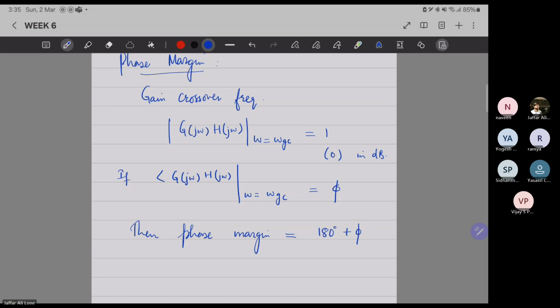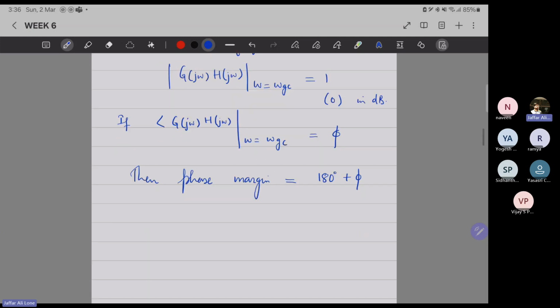So if the magnitude of my transfer function at phase crossover frequency is x, then gain margin is 1 over x. Similarly, if the angle of my transfer function at gain crossover frequency is phi, then my phase margin is 180 plus phi. Right?